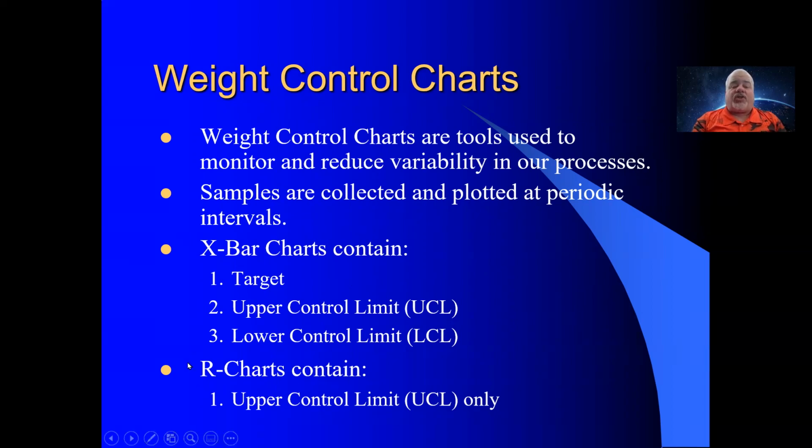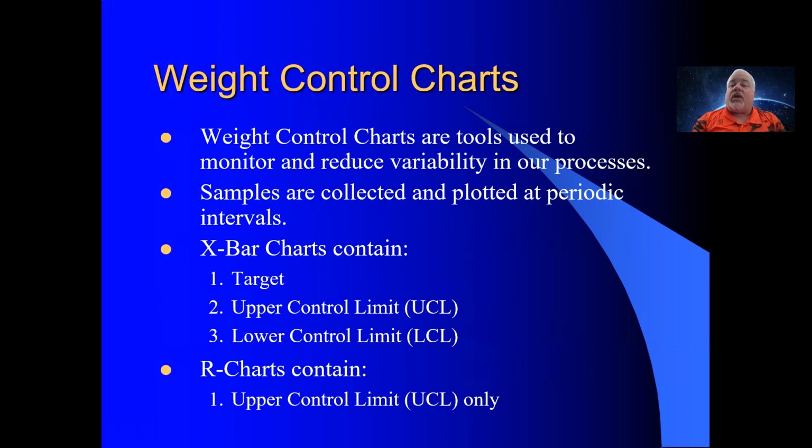The R chart is called the range chart. So what's the range from the lowest to the highest weight in that sample of 5 bottles that you grab to test? So you grab 5 bottles, you get the average weight for those 5 bottles, and you get the difference by subtracting the lowest weight from the highest weight.